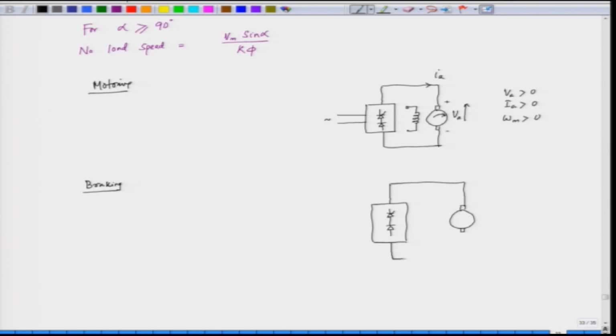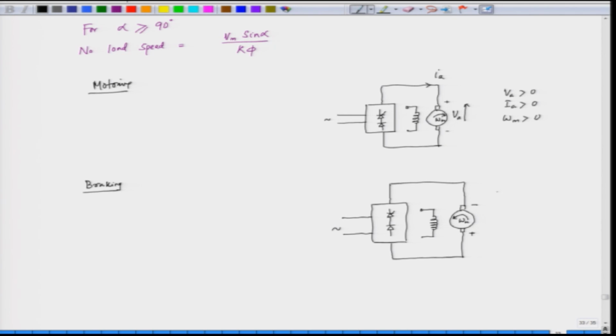So, if suppose the speed has reversed, initially we have omega m is 0. So, in this case omega m has reversed. So, if omega m has reversed, the back EMF will reverse, because the field is separately excited, field is constant here, and we have the armature supplied from AC supply.